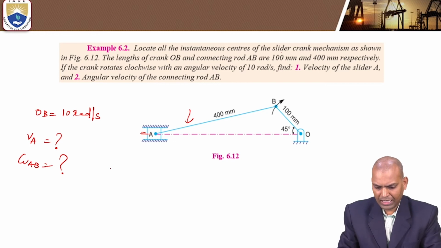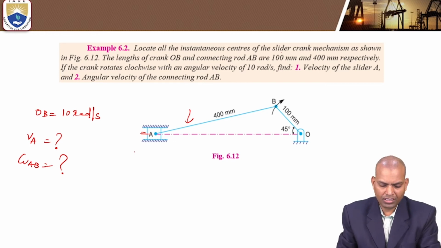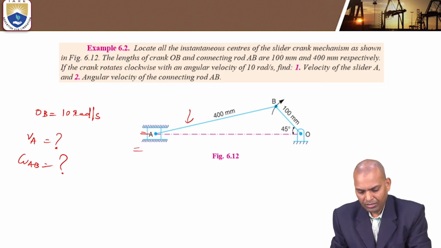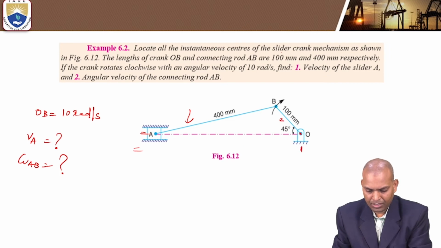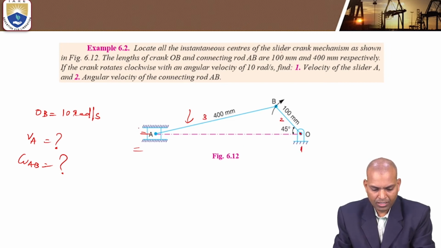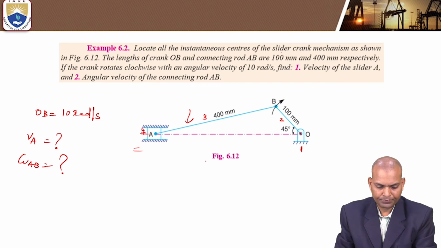How to calculate again? We have to redraw the space diagram. How many links are there? Link 1, link 2, link 3 and link 4. The number of I centers is equal to 6 for a 4-link, 4-bar mechanism. What are they?